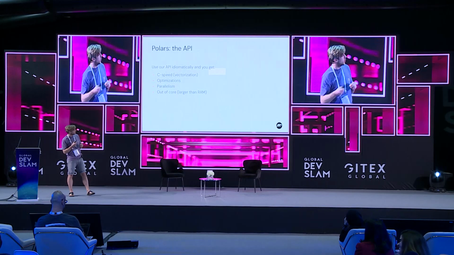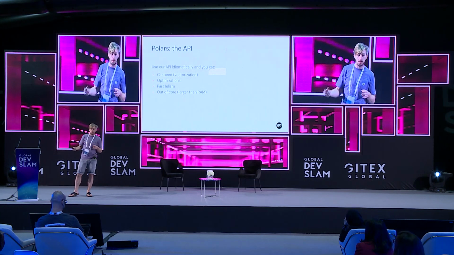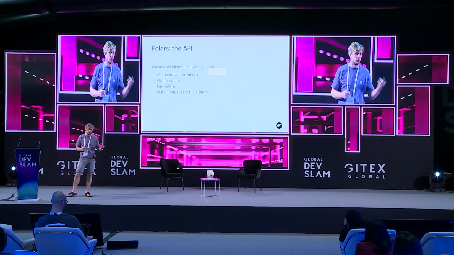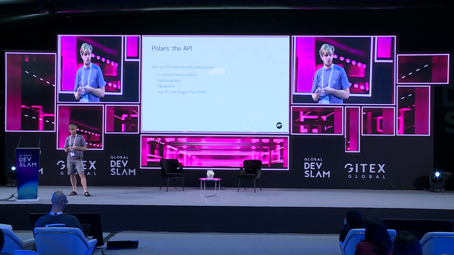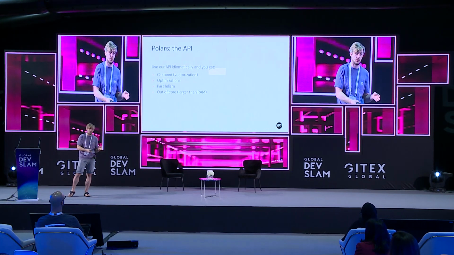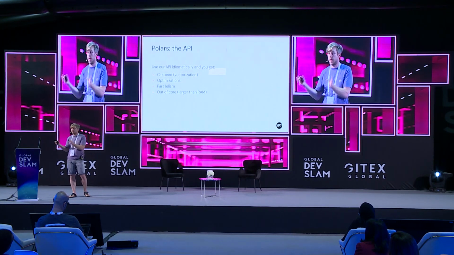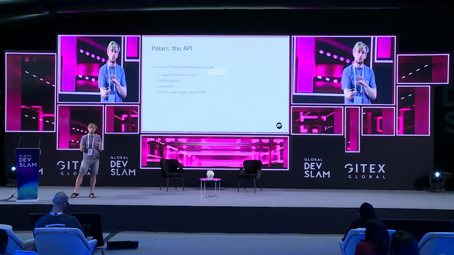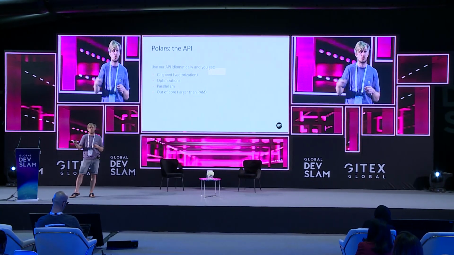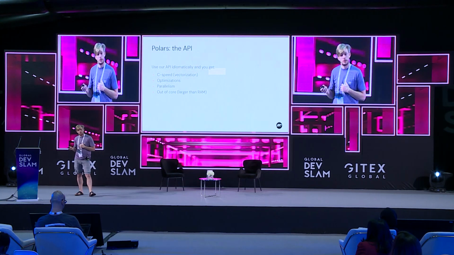With our API, we want to make the following promise. If you use our API idiomatically, you will get C speed, vectorization, similar to NumPy. You get optimizations. We will analyze the expressions and we will optimize them. For instance, if you do a sort and then a head or a slice, we can swap this sort expression with the top K expression, which is algorithmically much cheaper to do.